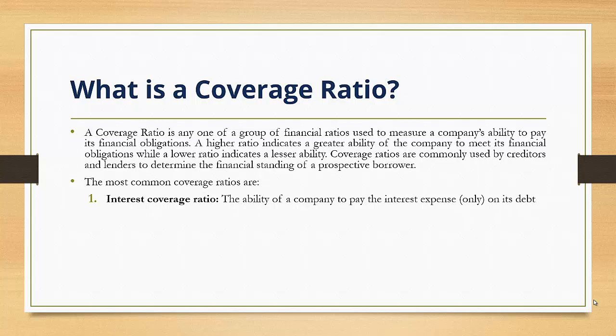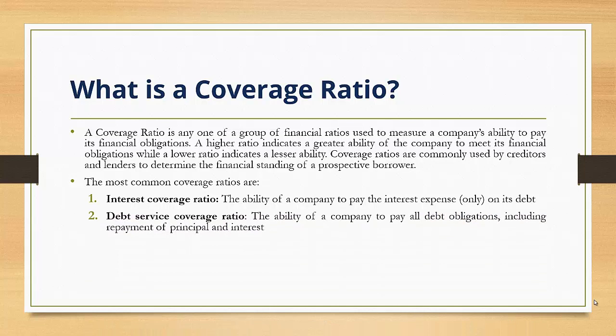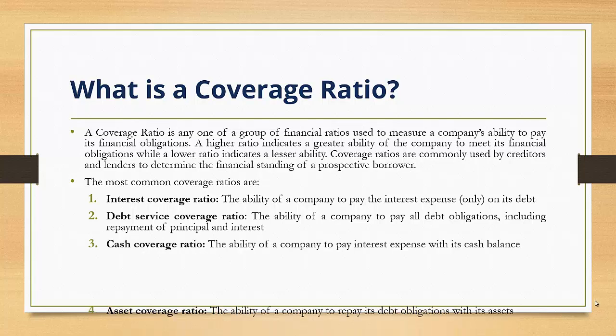Interest coverage ratio refers to the ability of a company to pay the interest expense only on its debt. The second one is debt service coverage ratio, the ability of a company to pay all debt obligations, including repayment of principal and interest.